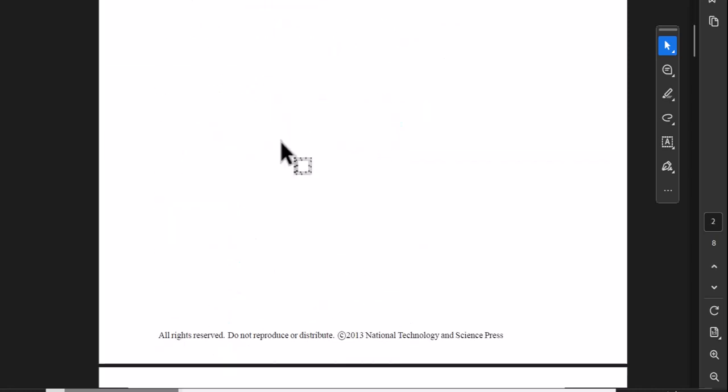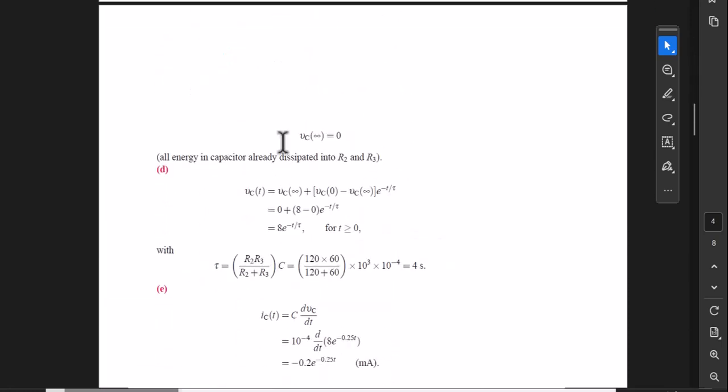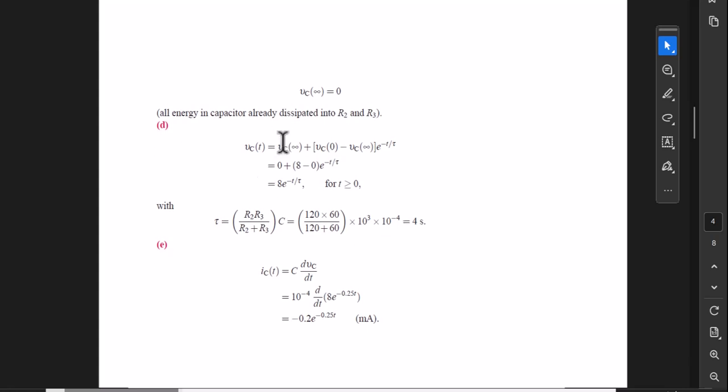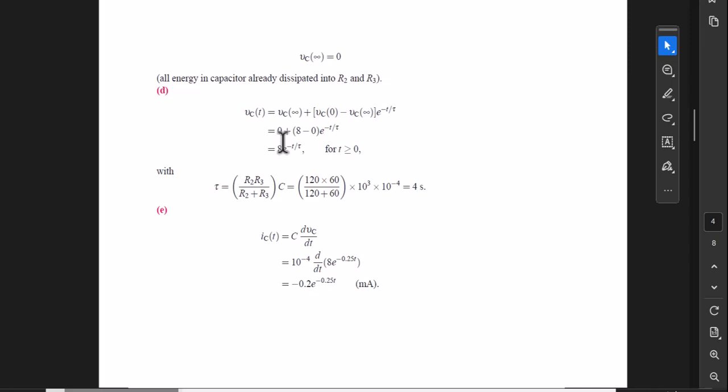Tau is 4. Is that what we got, 4? Yeah. Okay.